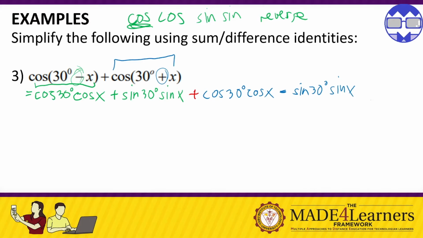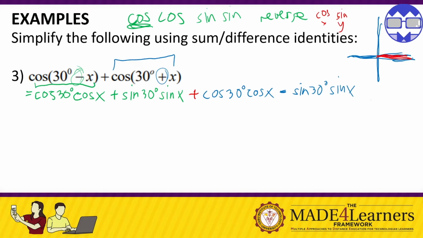In your calculators, take note, it should be in degree mode because our given is 30 degrees. There's another shortcut here. If you're familiar with the unit circle, we have special angles with special values. Always remember that cos is x and sine is y.